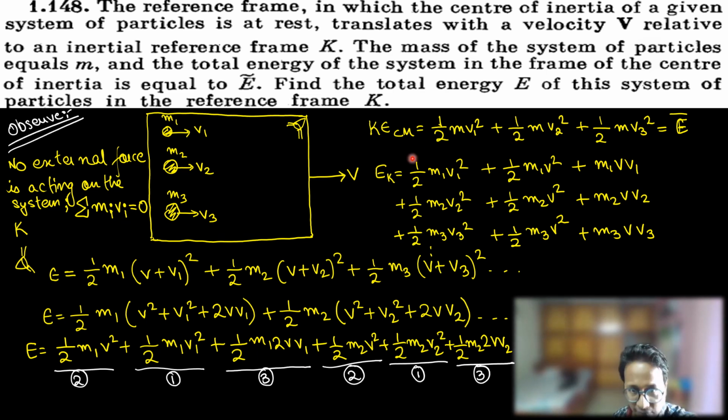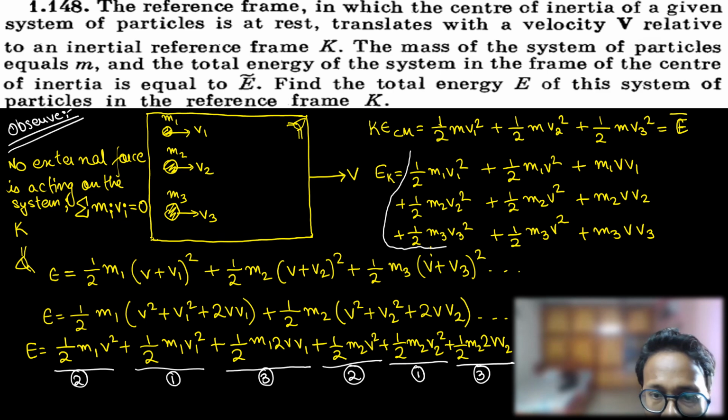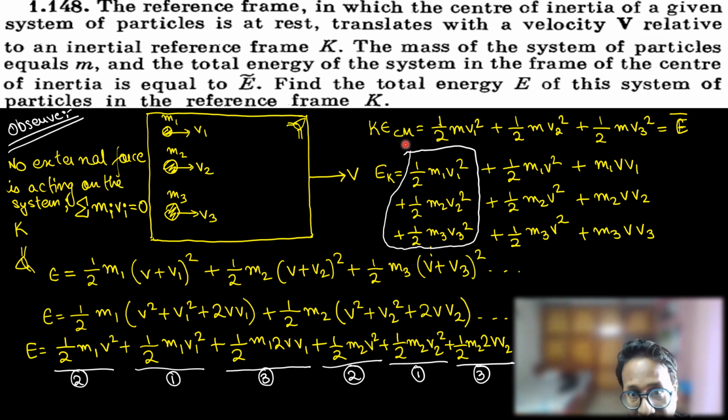Now if I look at these values, what are they? The addition of all these values is nothing but the kinetic energy as seen by the center of mass. So this is nothing but E dash, the kinetic energy as seen by the center of mass.